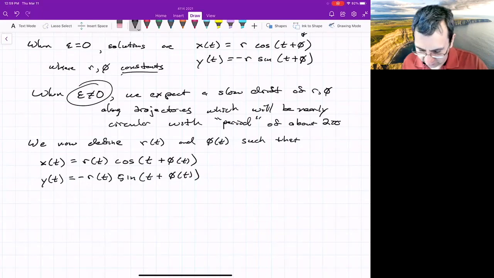You might be worried that, well, hold on, y doesn't look like x dot, but this is more of a definition of r and phi than it is saying anything about time derivatives.